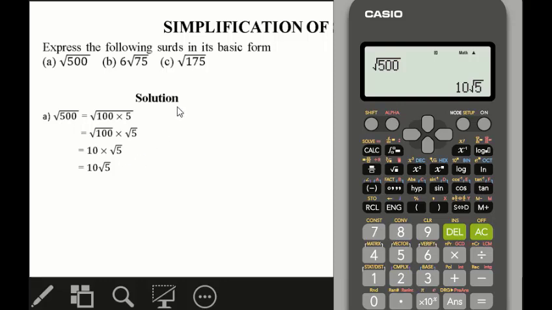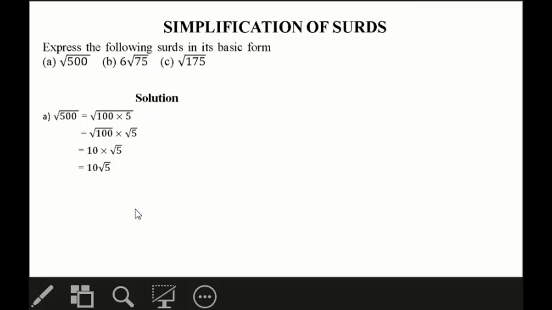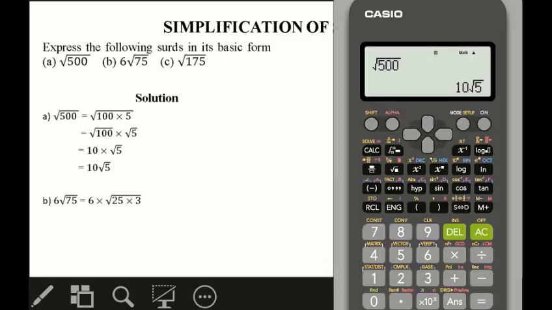Let's look at the second expression. We have 6 root 75. First of all, we will split 6 and root of 75 as 6 times root of 25 times 3. So if I recall my calculator like this, we are only interested in the surd part first, right?